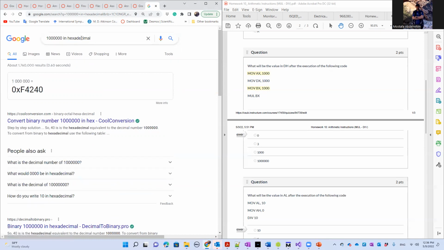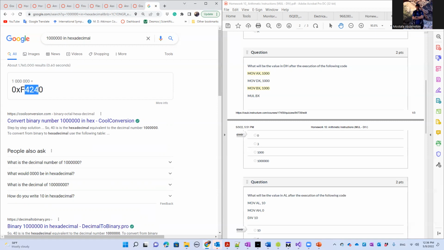Then we need to convert it to hexadecimal so that we know what will be in AX and what will be in DX. Here is the result, 1 million in hexadecimal. We said that the lower word, the least significant word, will be stored in AX, and the most significant word will be stored in DX.